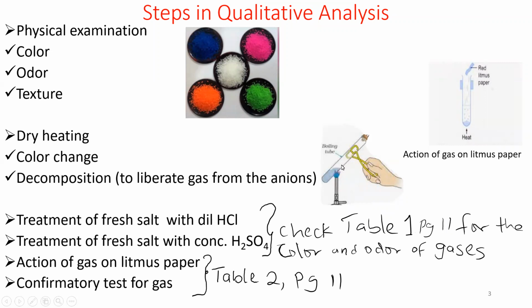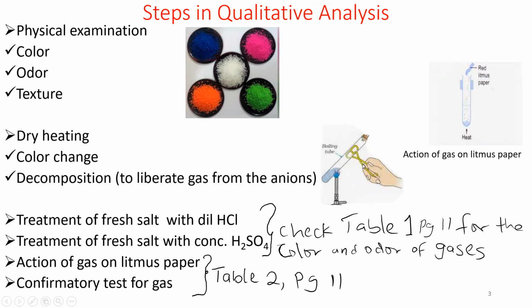Aside from the change in the color of the residue, we should also be able to identify the gas that is involved. If it's a colorless gas, or if it's a colored gas, from the gas we'll be able to know the anion. And when we are doing the dry heating, we also try to identify if the litmus paper has action on the gas.